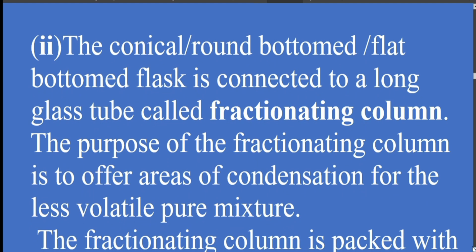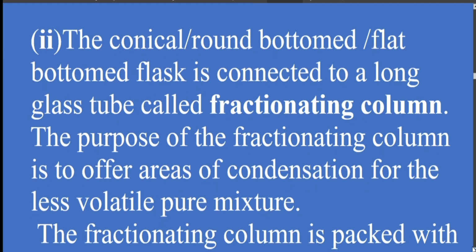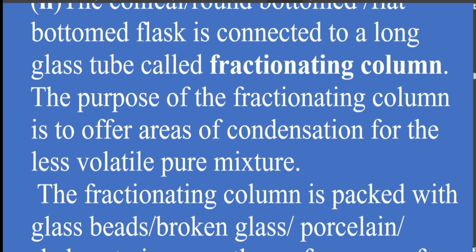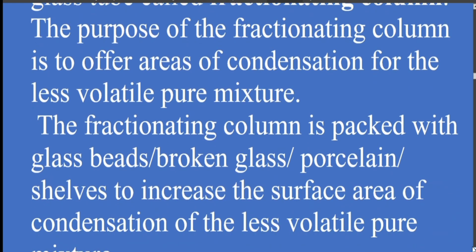The fractionating column is packed with glass beads, broken glass, porcelain, or shelves to increase the surface area of condensation. Here the condensation happens in the fractionating column. For simple distillation, it is the Liebig condenser.